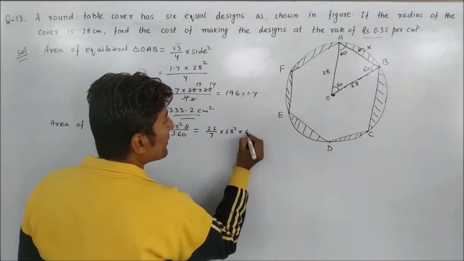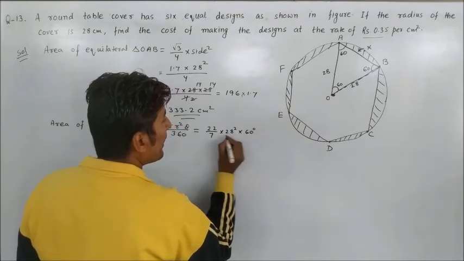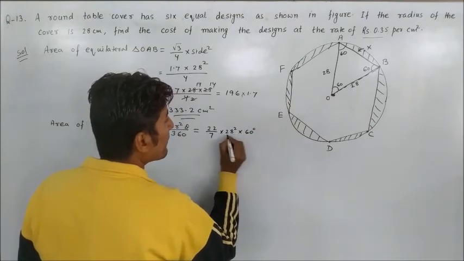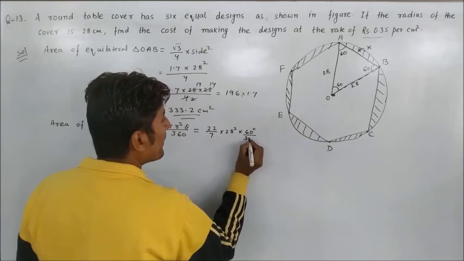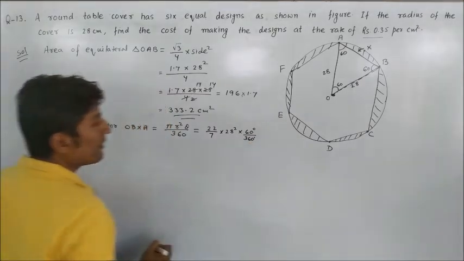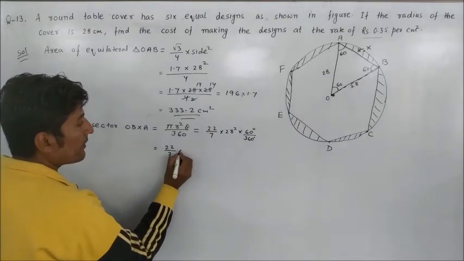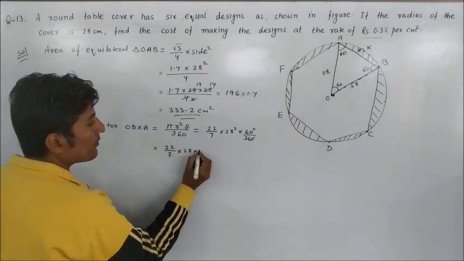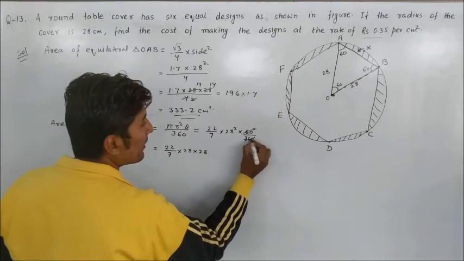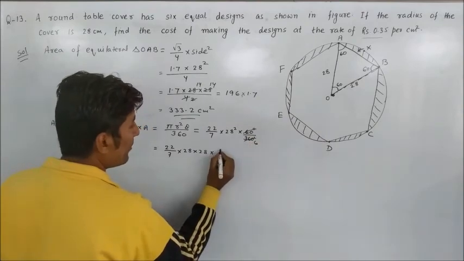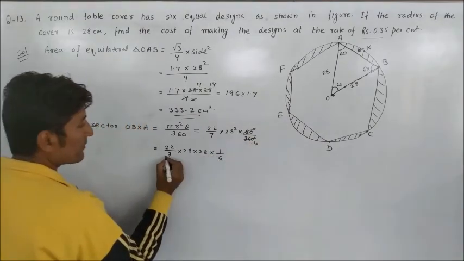Theta is given as 60 degree, divided by 360 degree. Now here we can write 22 upon 7 into 28 into 28, into 1 upon 6.